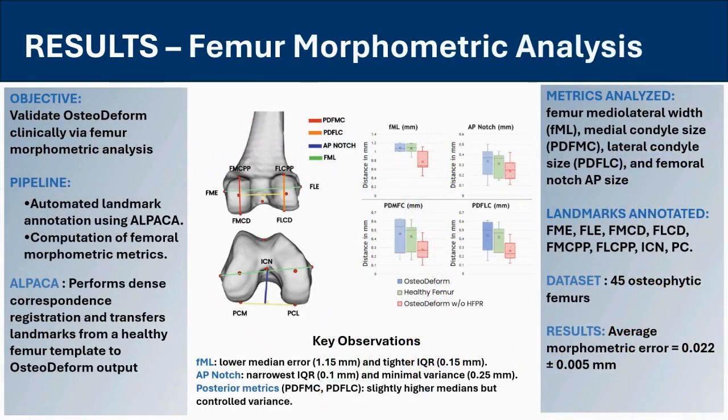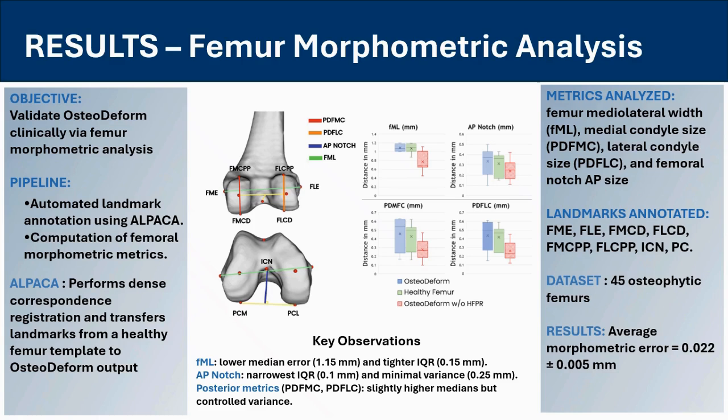For clinical validation, we conducted a femur morphometric analysis. This involves automated annotation of anatomical landmarks using ALPACA, followed by computation of clinically relevant measurements. We evaluated 4 key morphometric distances, which are the medial lateral width, the medial and lateral condylar sizes, and the AP notch.